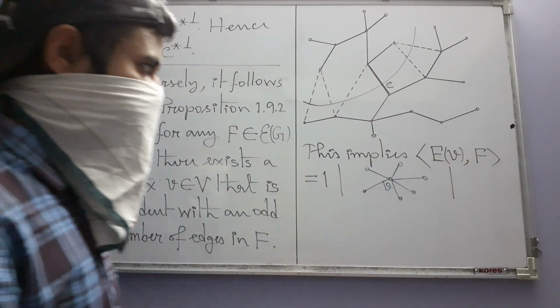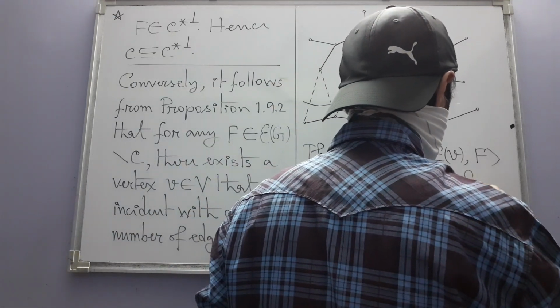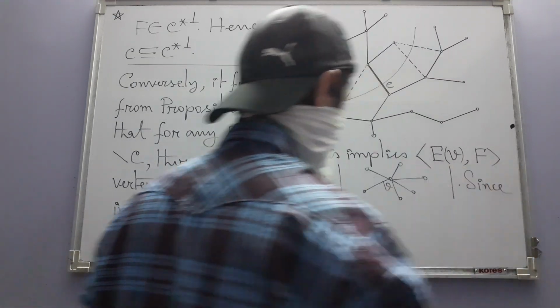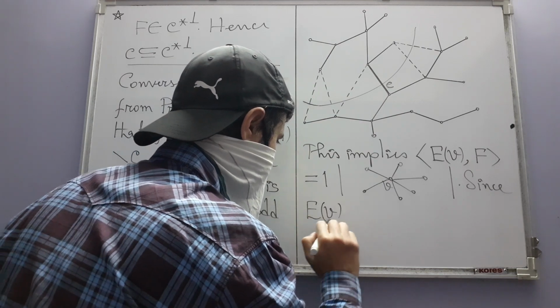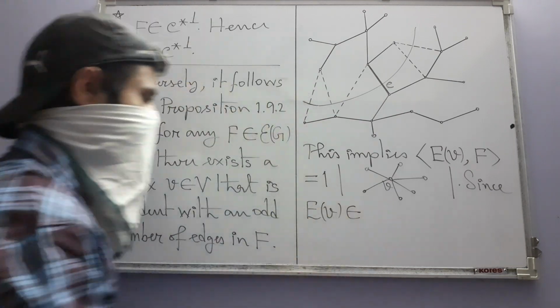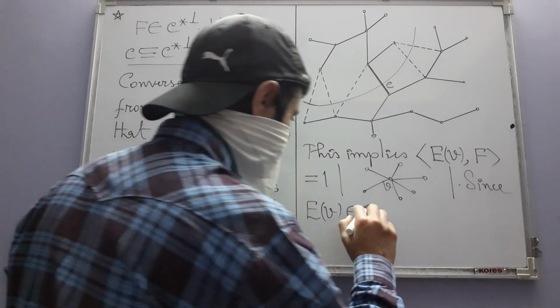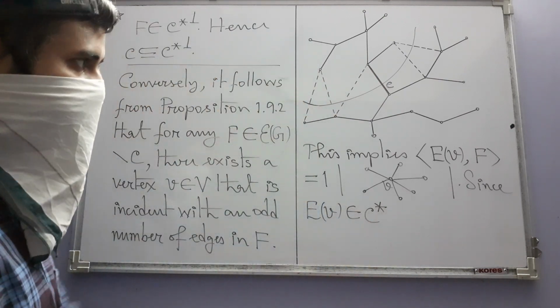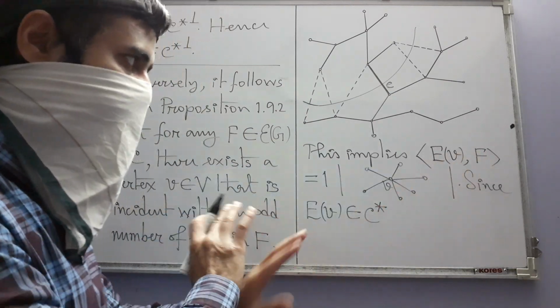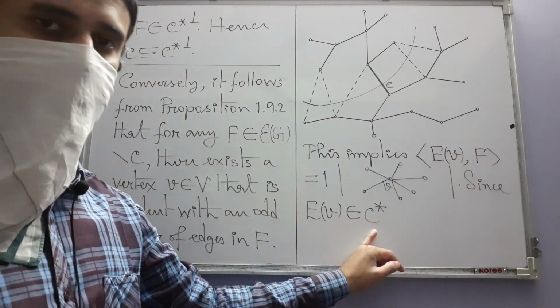But then, since EV is a vector in the cut space of the graph, this F is not orthogonal to all the elements of C star.